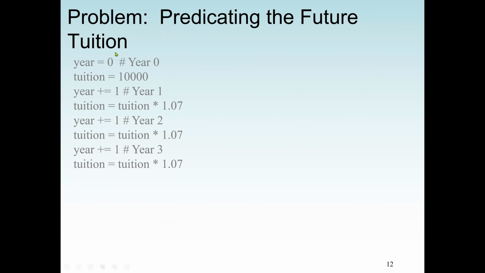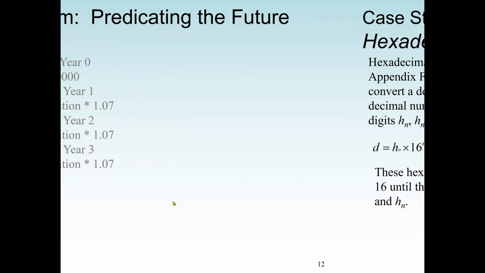So predicting the future tuition, we can see that we start from year 0. It was 10,000. Then we increment by 1 year. We multiply by 7%, 1.07. 2 years, the same thing until we reach the final answer.